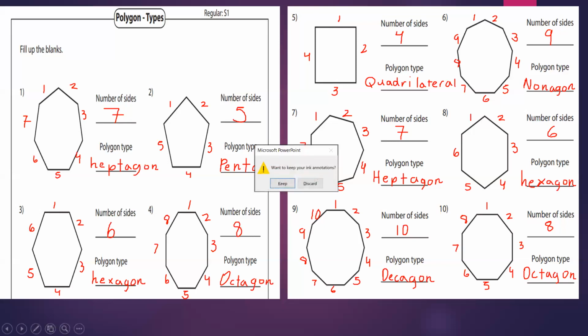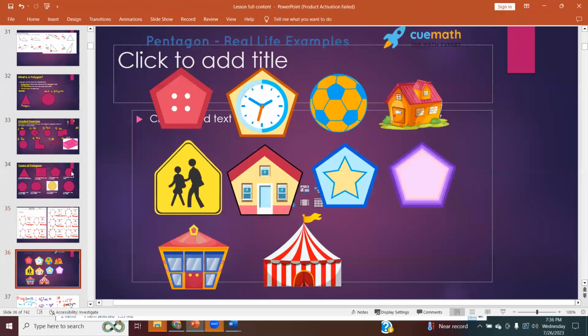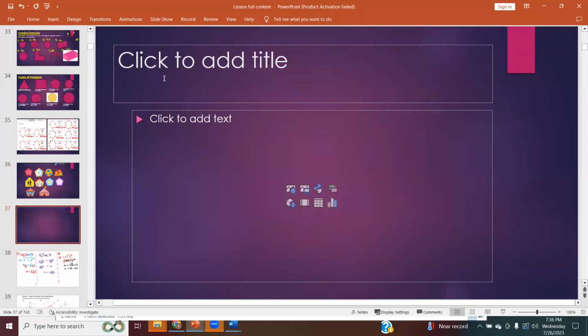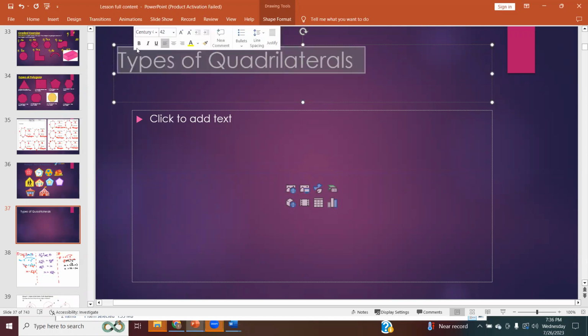I wish we had more time, so I'm just going to take my time and explain it. Types of quadrilaterals is what we're going to be looking at this evening.